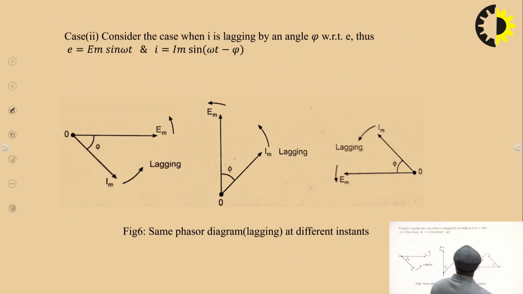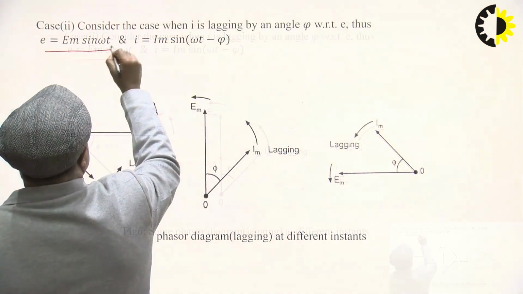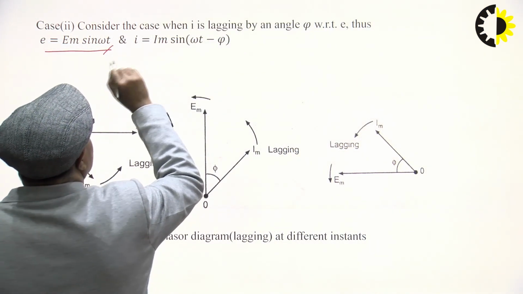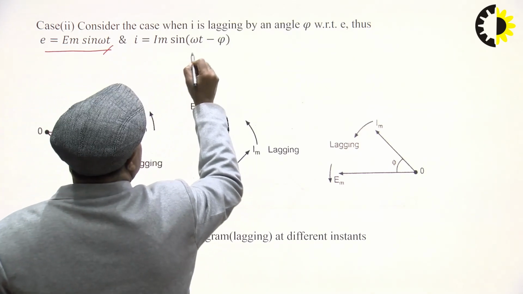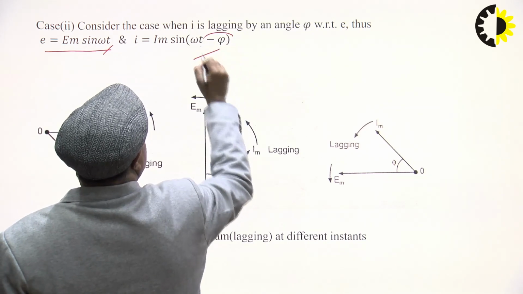Consider the case when I is lagging by an angle phi with respect to E. Suppose E is represented as this much, and I is lagging E. Here the phase angle for E is 0, omega t, with nothing added. For I, it is omega t minus phi.